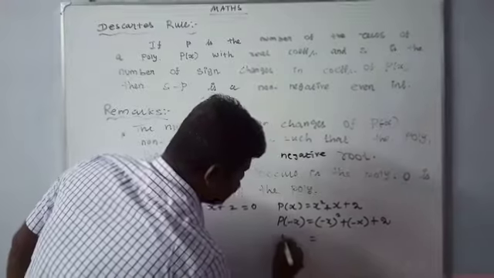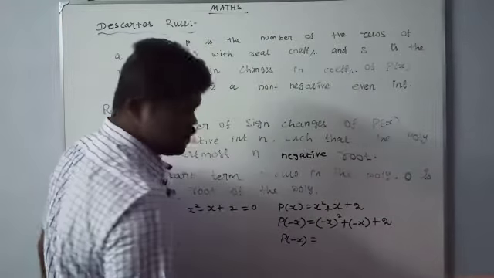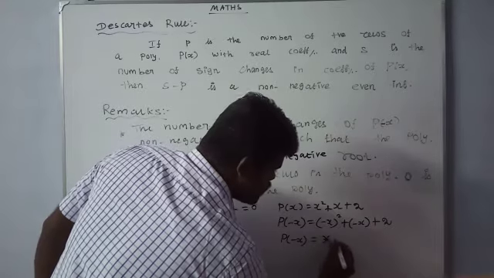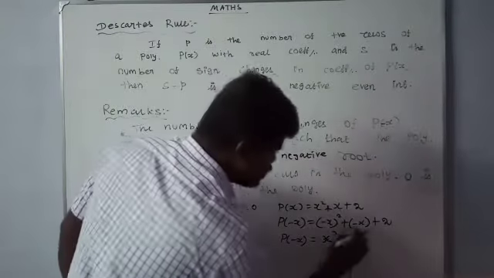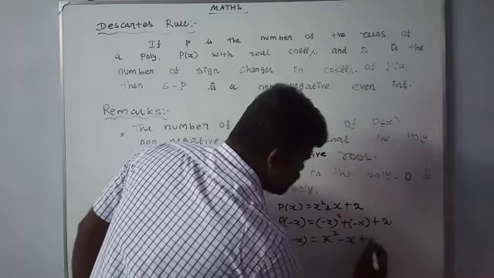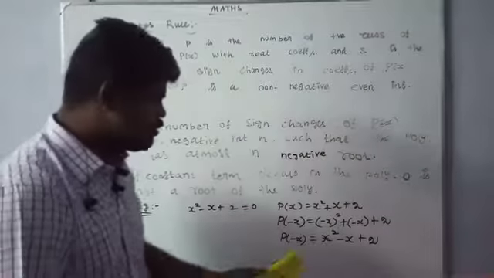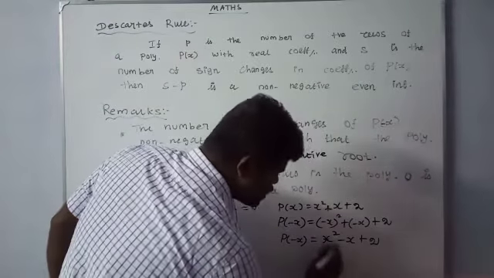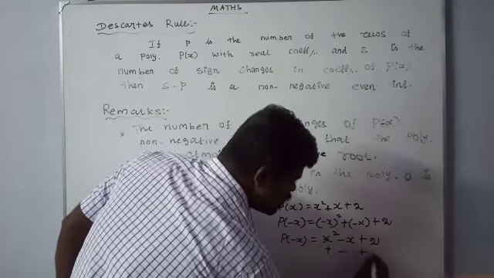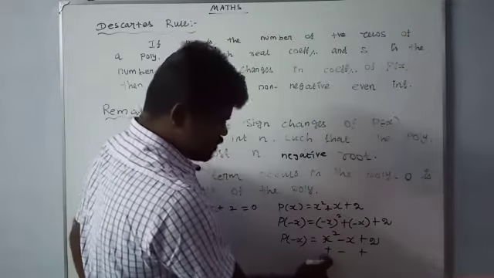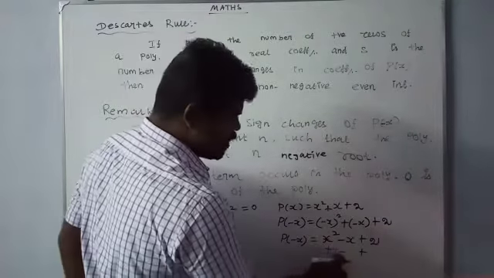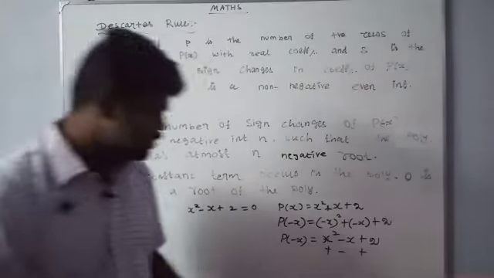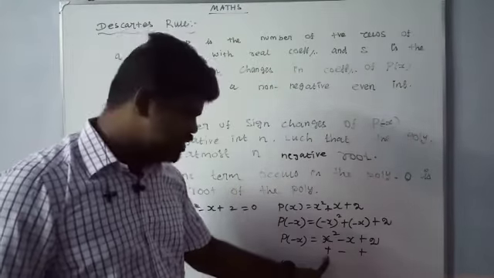That means the value of p of minus x is equal to plus x squared, here minus x plus 2.